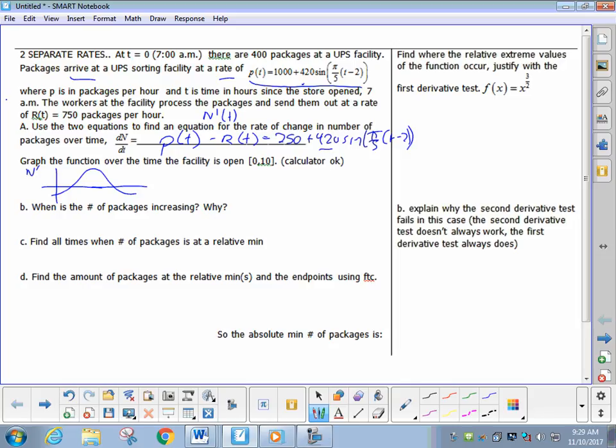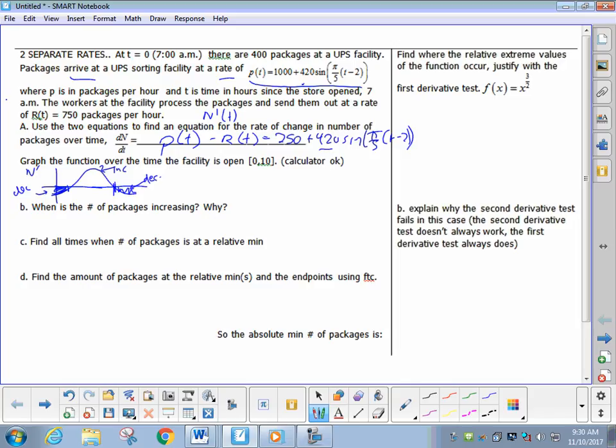Now then, if this is the rate of change in the number of packages, tell me what's going on in this time frame with respect to the number of packages in the facility. It's decreasing, because the rate of change is negative. In this case, it's increasing, and then it's decreasing.